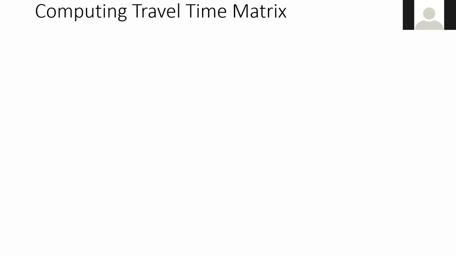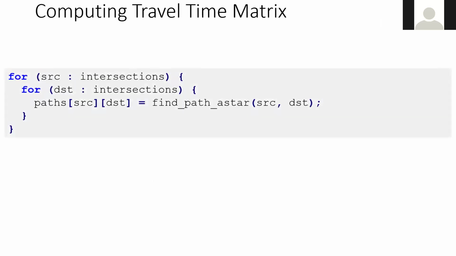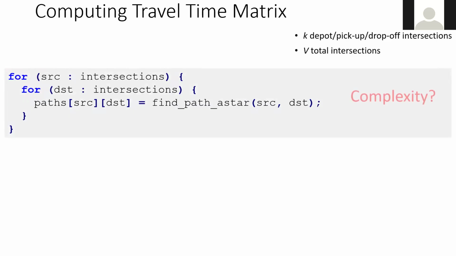So the naive way to do this is we go through all of the source intersections, all of the destination intersections, and we find the A-star path from your milestone 3. What is the complexity for this? Let's say we have k depots, so we have k intersections in here, and V total intersections in the map.